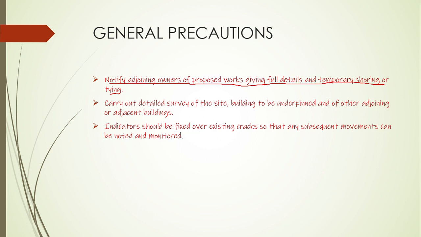Number two, carry out a detailed survey of the site, the building to be underpinned, and of other adjoining or adjacent buildings. Number three, indicators should be fixed over existing cracks so that any subsequent movement can be noted and monitored.